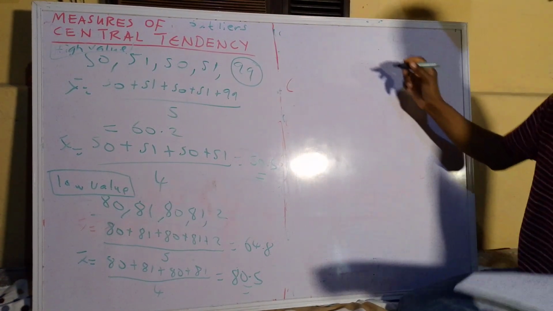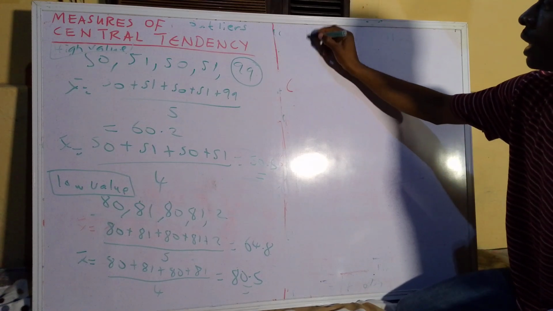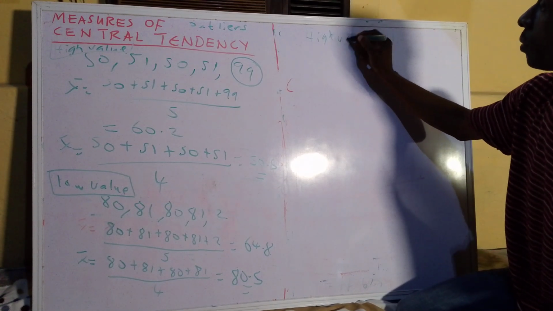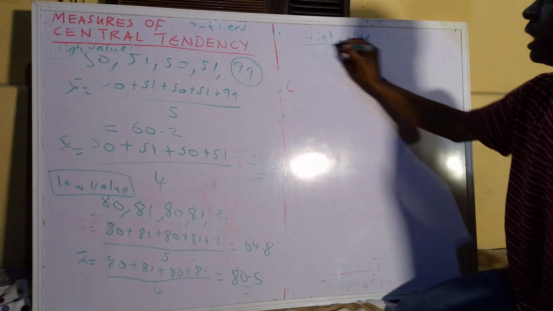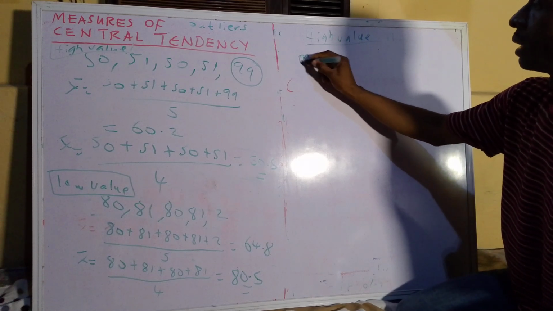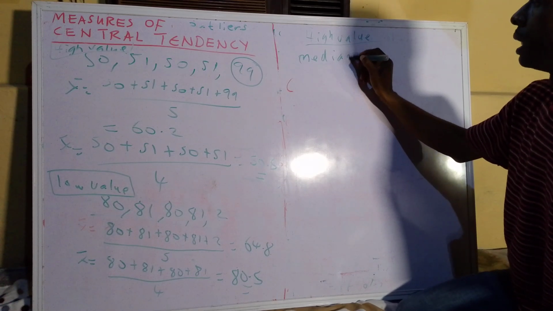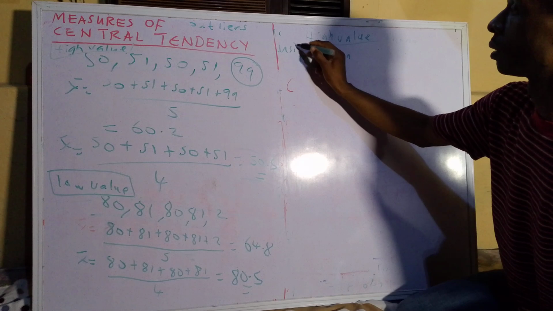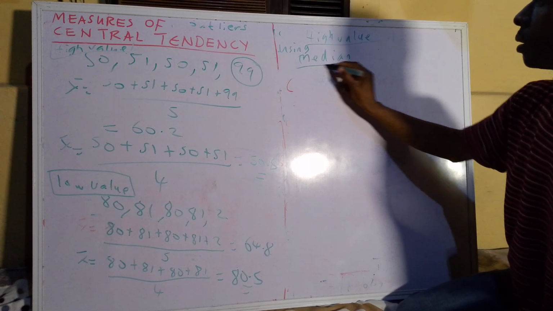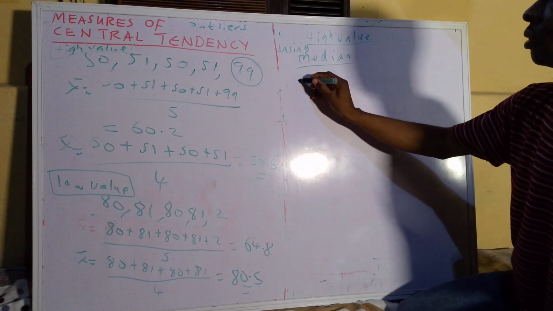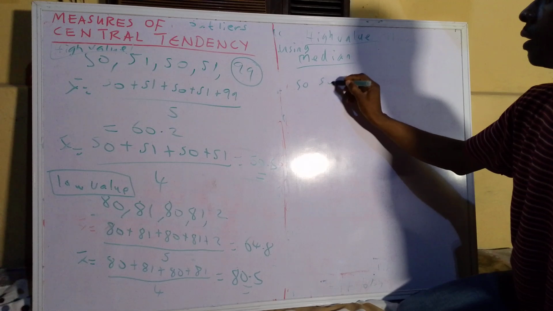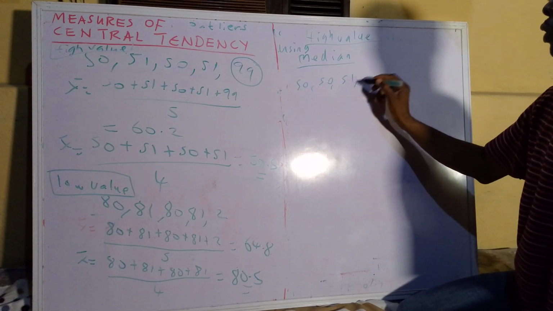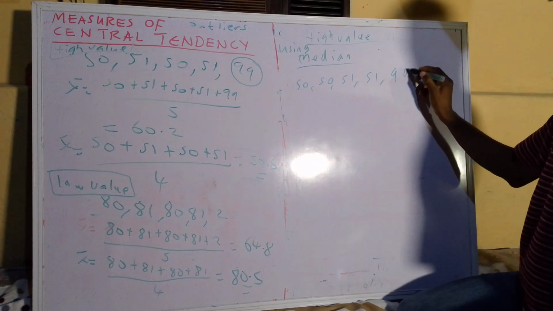In case this question comes out, for the case of the high value, you arrange it in ascending order to calculate the median. Now you have 50, 50, 51, 51, and 99.